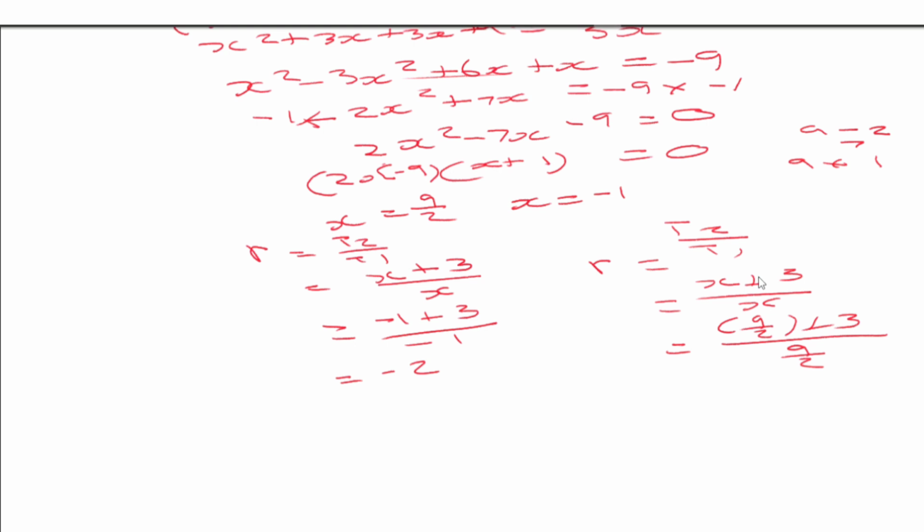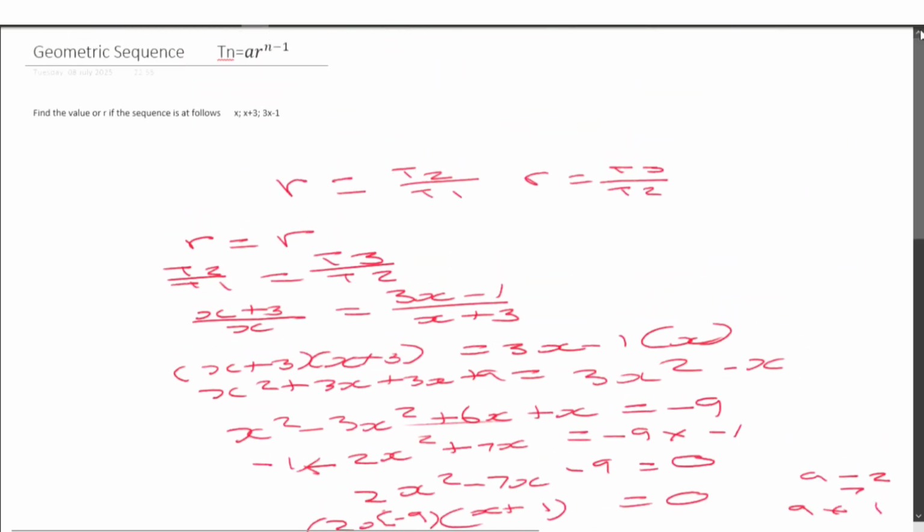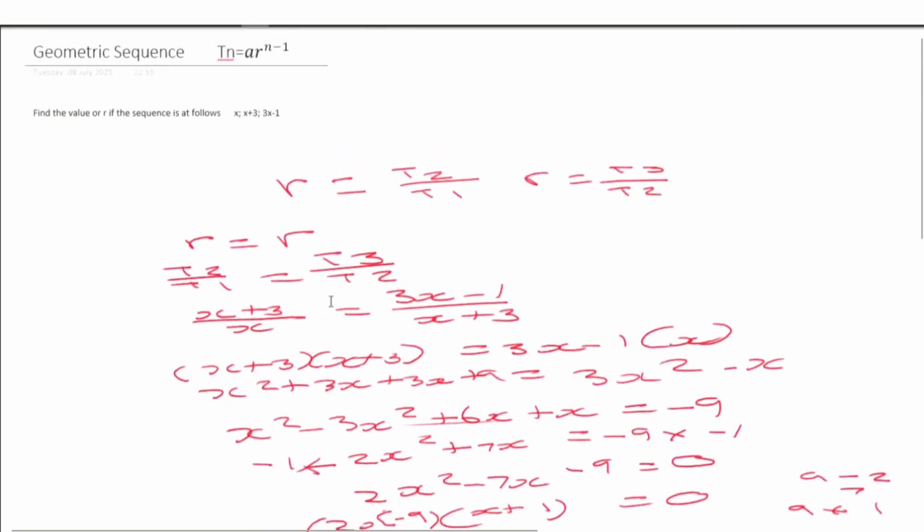Then our answer divided by 9 over 2 is equal to 5 over 3. And then we have discovered that there are 2 values that equal r.